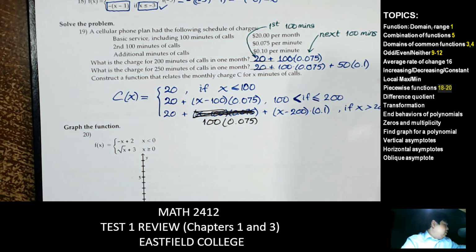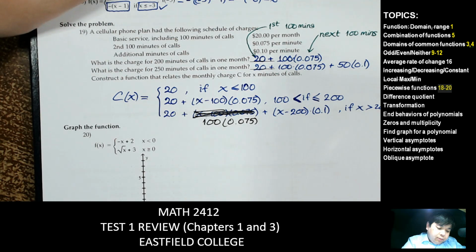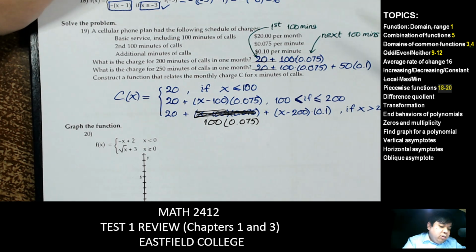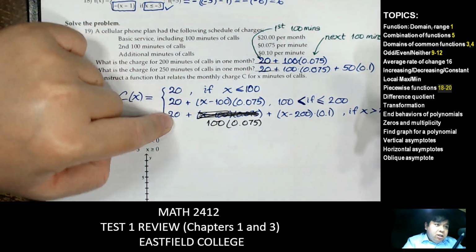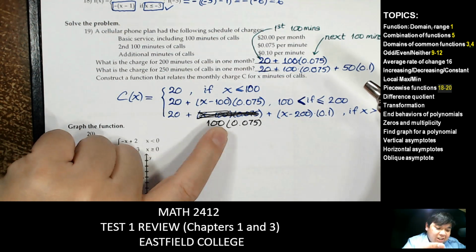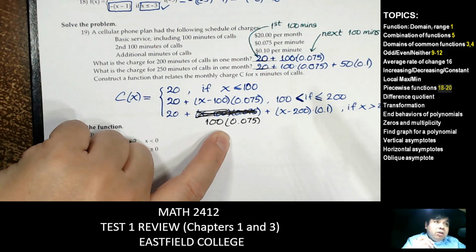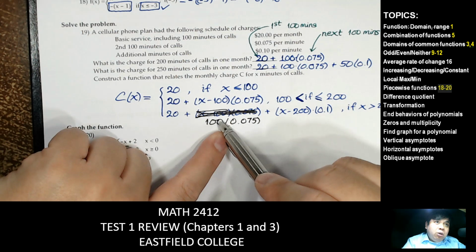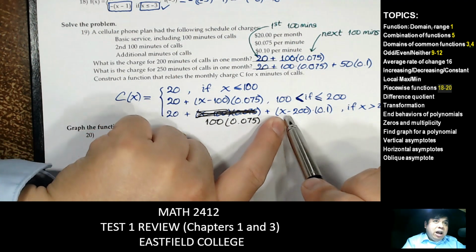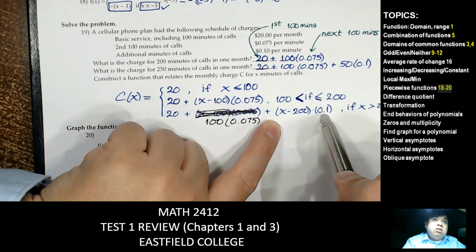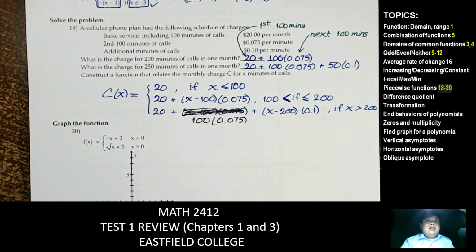So we have that. Of course, we can simplify this, but it's $20 for the first 100 minutes, the next 100 minutes at that rate, and whatever is left will be at this rate. So it will be like that.